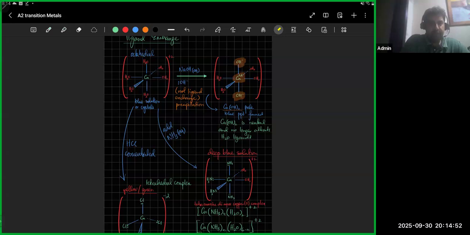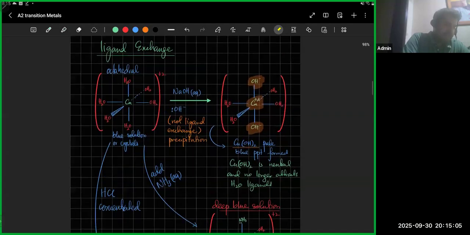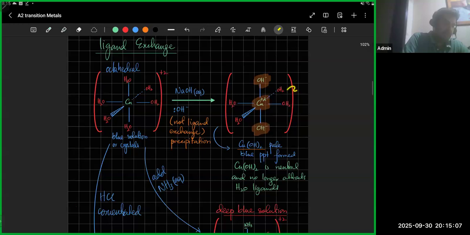So they are datively bonded to water. So it's copper, and this one is Cu(H2O)6. You add NaOH to it, then the OH ions or the OH ligands attack and replace the water. So copper gets surrounded by OH ions and the water gets knocked out.